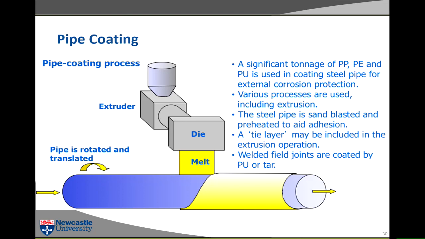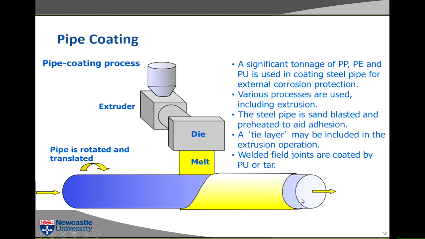And there are various things you can coat it with. Probably the most common material that's used for pipe coating is a tar type pitch material. That's the cheapest. But actually, thermoplastics are now quite widely used for pipe coating.